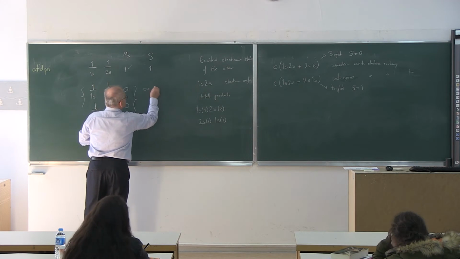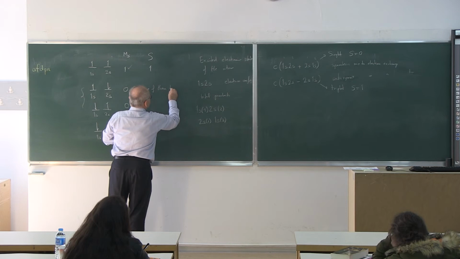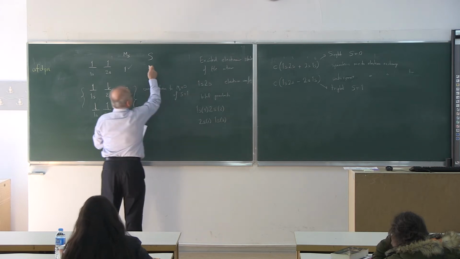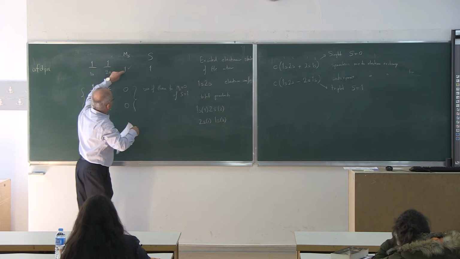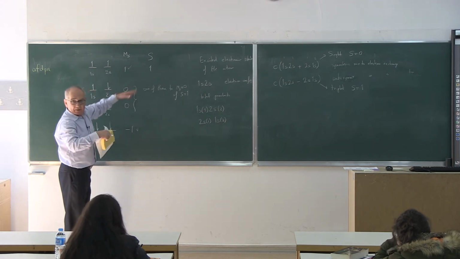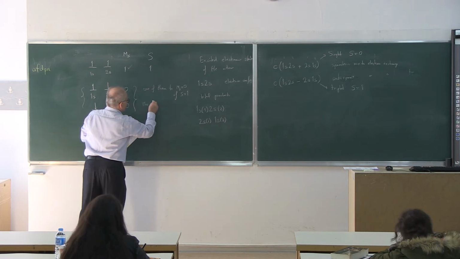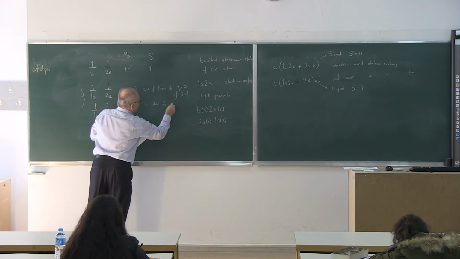One of them corresponds to ms 0 of s equals 1, with ms 1, 0, minus 1. The other corresponds to s equals 0.